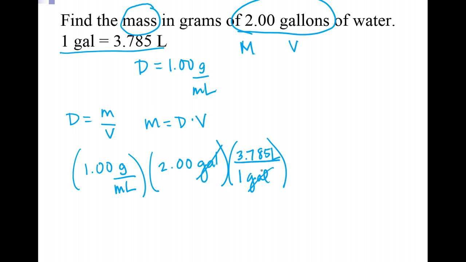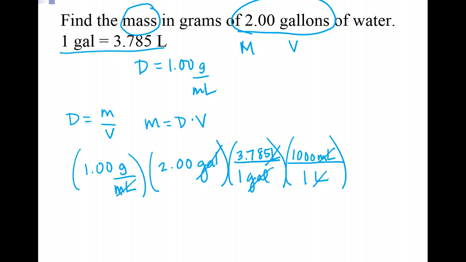So if I can somehow resolve the issue with volume, then I should be in business. A liter contains 1,000 milliliters. So right now I have liters on the top and milliliters on the bottom. So I'm going to place 1,000 milliliters on the top and 1 liter on the bottom. This way liters will cross out and milliliters will cross out, leaving only grams as the unit.